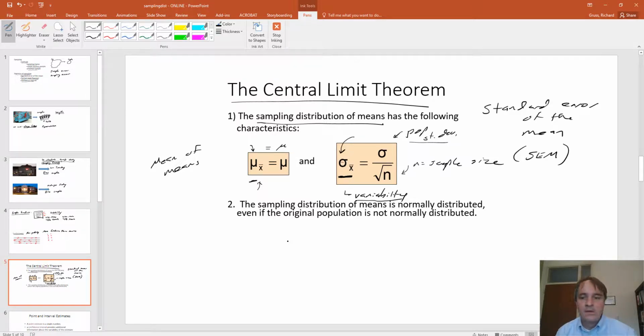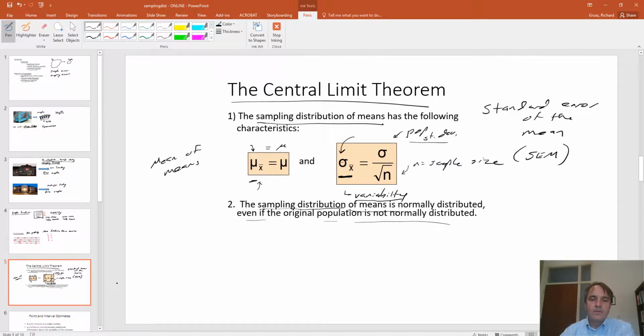The central limit theorem also tells us something else. It tells us that the sampling distribution, that is the distribution across samples of means, is normally distributed even if the original population is not normally distributed.